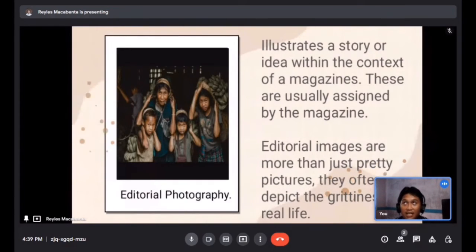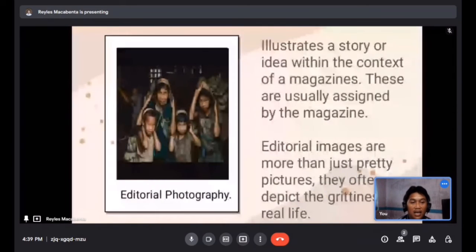So wala sila paki sa brand, but they really have paki sa story sa usa ka picture. So the motive, therefore, is not to sell, but rather to express, engage, educate, and spread awareness. So that was the editorial photography.